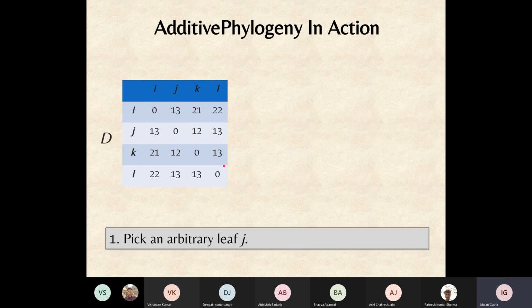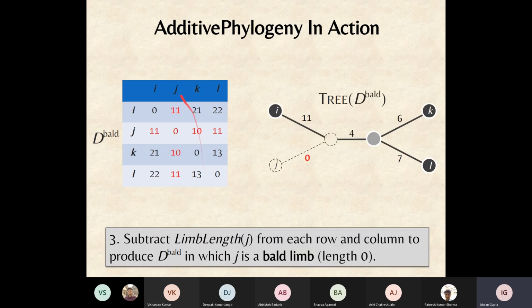Let's say we pick an arbitrary leaf J, the minimum limb length is 2 here. You subtract 2 from all the other limb lengths. We don't know how the connection is happening, but let us say this J is not present anymore in our tree. We get what's called a bald tree, a tree which has an edge of length 0.